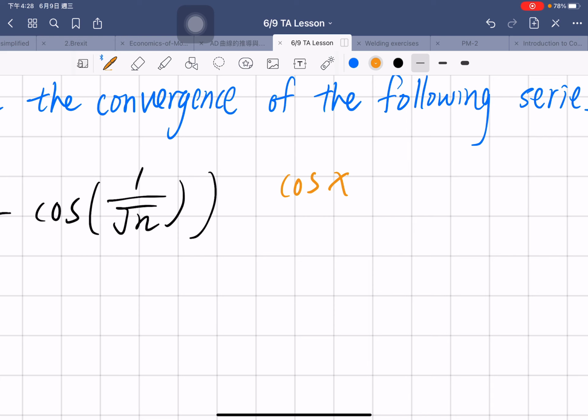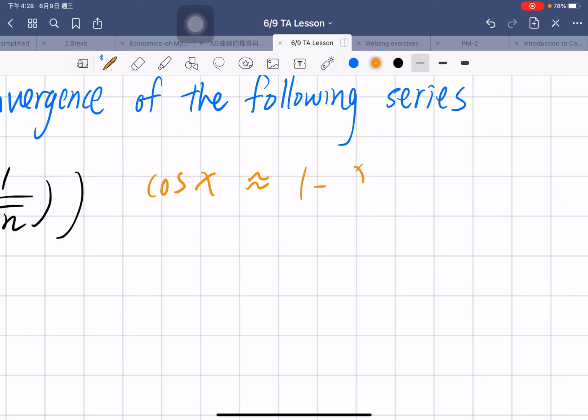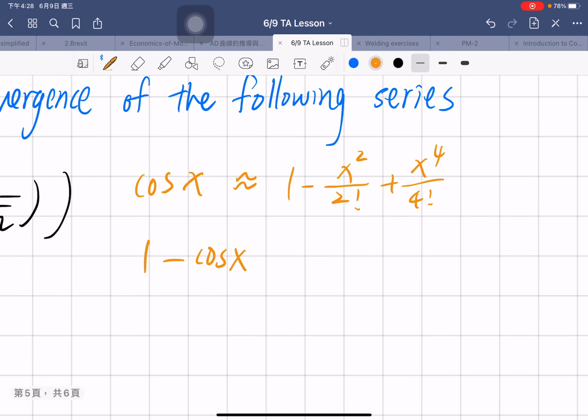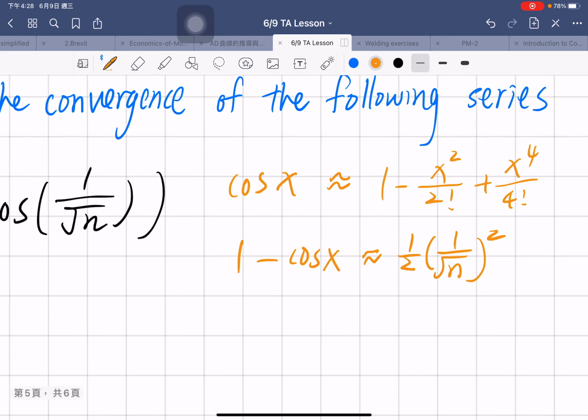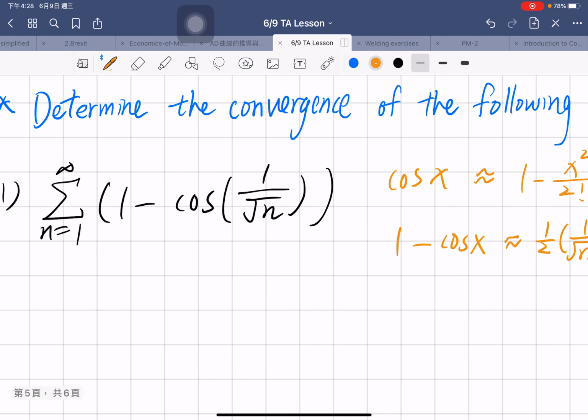Cosine will be similar to 1 minus x squared over 2 factorial plus x to the 4th over 4 factorial. Now we have 1 minus cosine x, because we have 1 in the front, it will be similar to our square part, right?